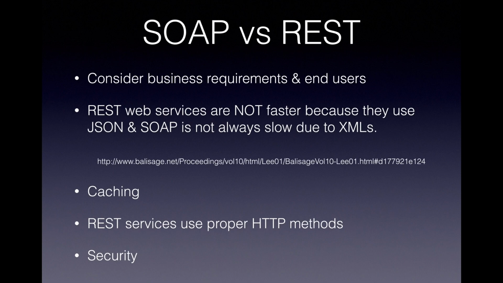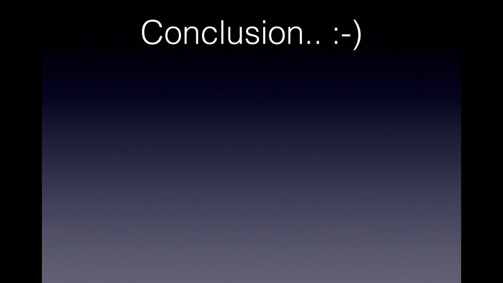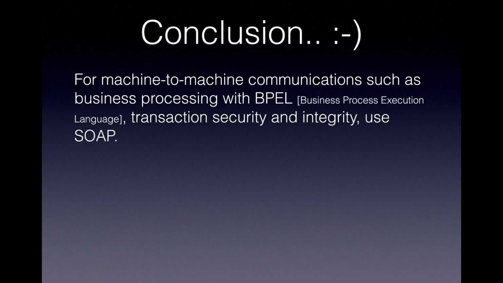You have to explore and decide on the security features and how you are going to implement security for your RESTful web services on your own. So this is going to be a deciding criterion while you design your web service, either the SOAP way or the REST way.